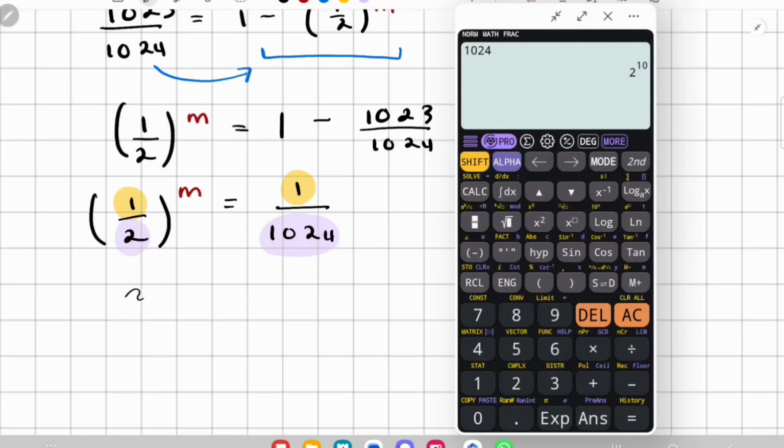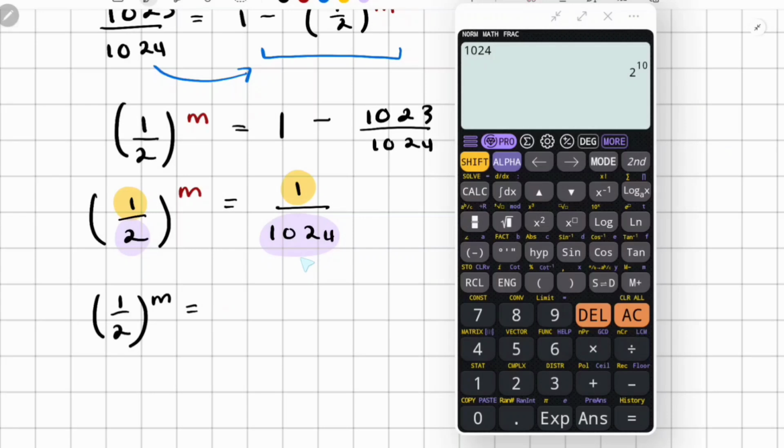So this means that we have a half raised to the power of m, and it's equal to, now look at how I can write this. Because I know this is 1 over 1024, which I can write as 1 over 2 raised to the power of 10. If you said 1 raised to the power of 10, it's still going to be 1. So I didn't change its value, I'm just changing the way it looks.